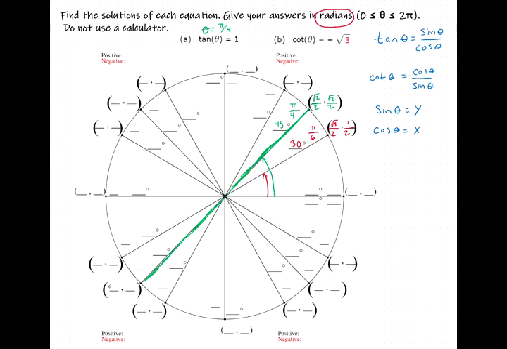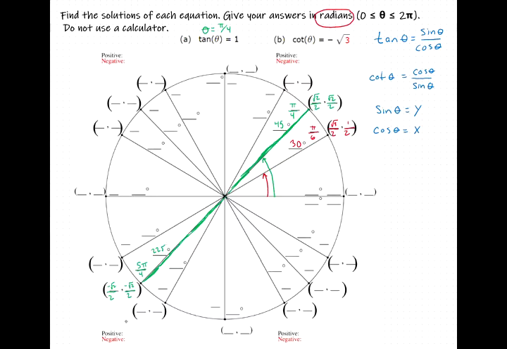So the point would be negative root 2 over 2, comma, negative root 2 over 2. And that's an angle of 5 pi over 4 radians. Or in degrees, it would be 225, but we're working in radians.